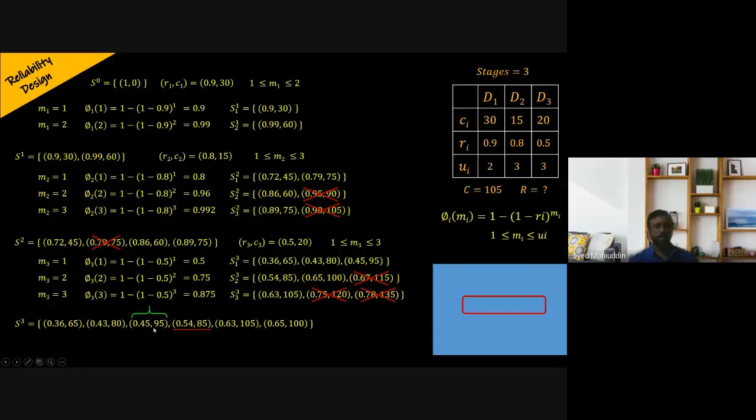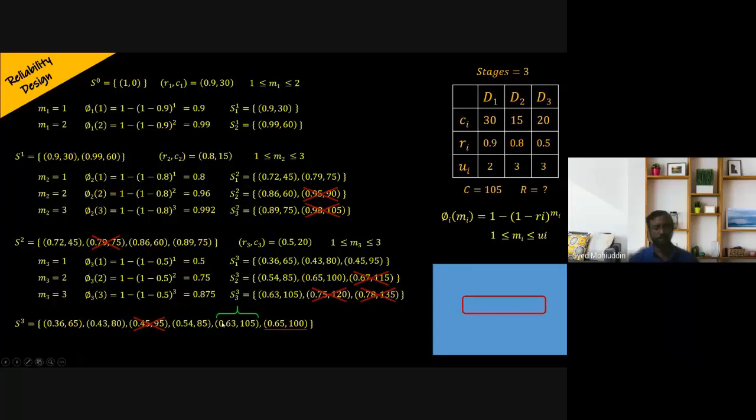But in this, the next two, reliability is 0.45 and here reliability is 0.54, which is increasing. But here we have cost as 95 and 90 here as 85, which is decreasing, so which is not possible. So we will eliminate the preceding tuple or the element. The same way, let us look at the other things.